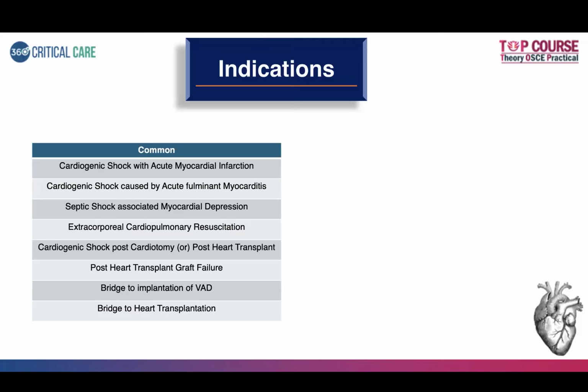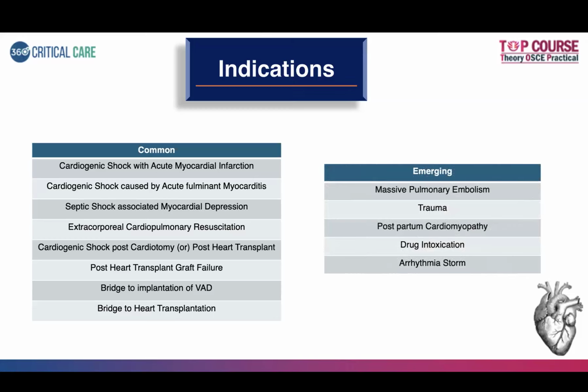So I think it's very easy to remember this. So if there are totally about 8 of it, at least it would be good to have 4 to 5 indications in mind. And the emerging indications are in massive pulmonary embolism, trauma, postpartum cardiomyopathies, drug intoxications like calcium channel blocker overdose or beta blocker overdose, and in arrhythmia storms like electrical storm.